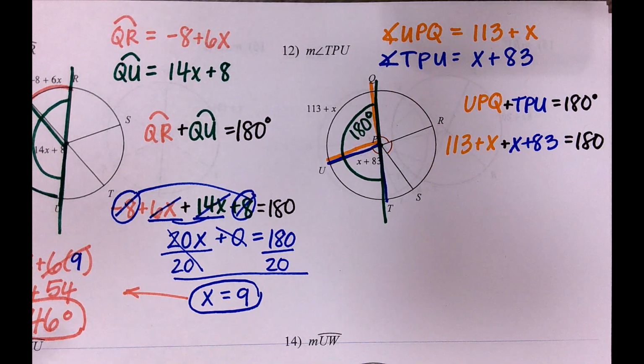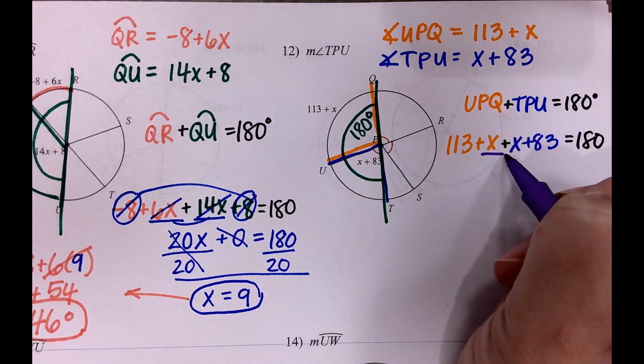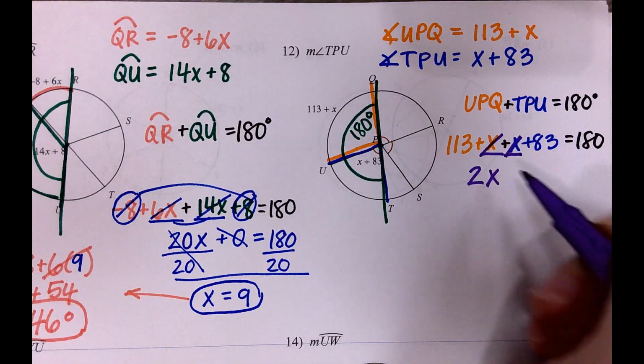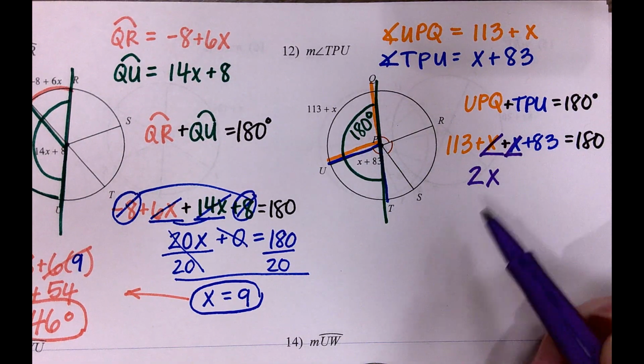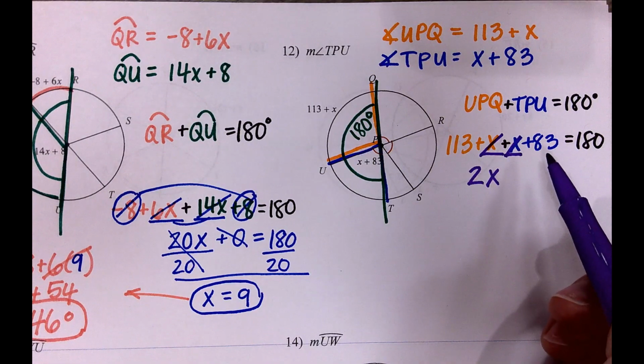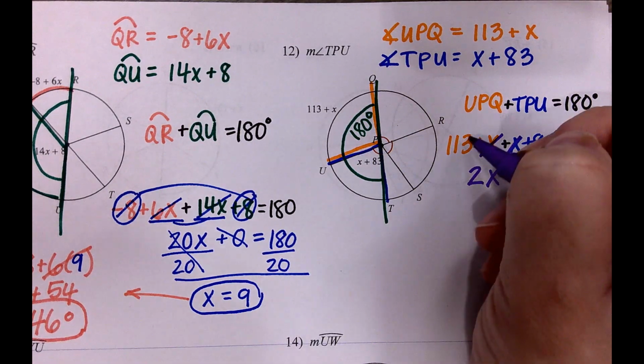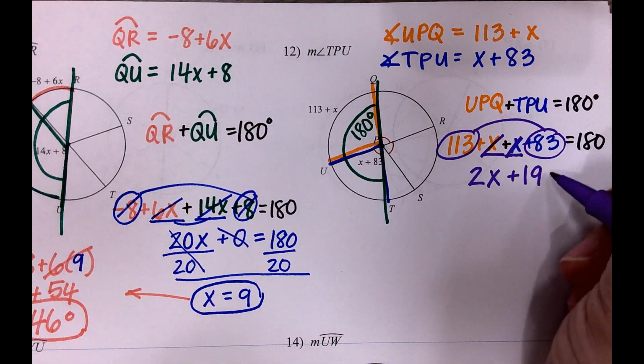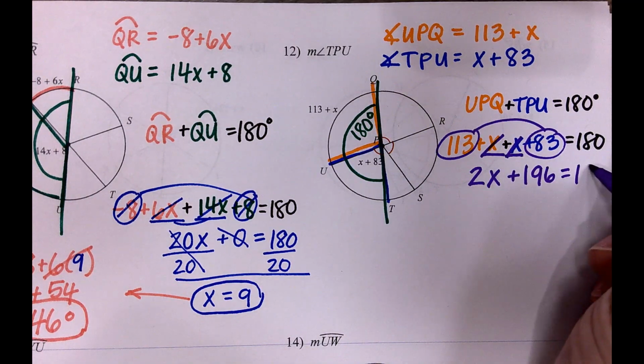Good. We're going to combine like terms. x and x give me 2x. And then 113 plus 83, what'd you say that was? Good, 196 equals 180.